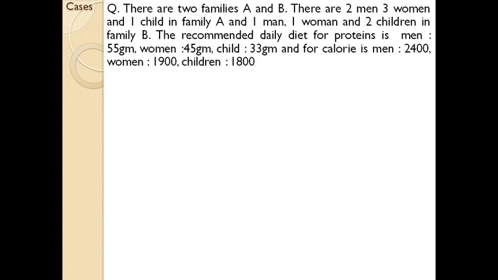Next case, there are two families A and B, and details regarding the families are given. There are two men, three women and one child in family A, and one man, one woman, and two children in family B. The recommended daily diet for proteins for each of the persons is given.